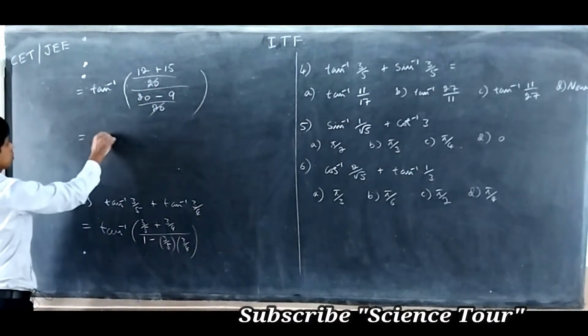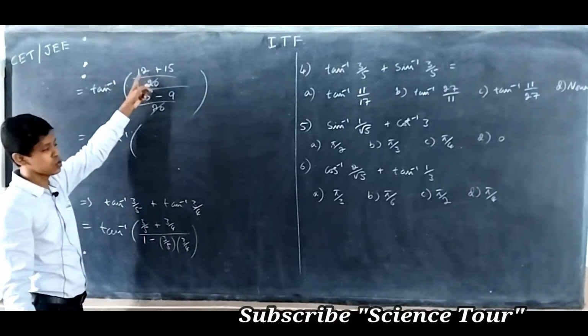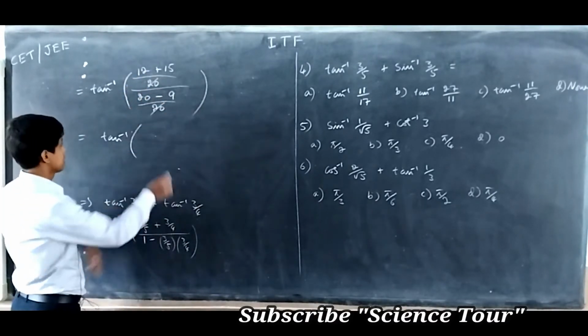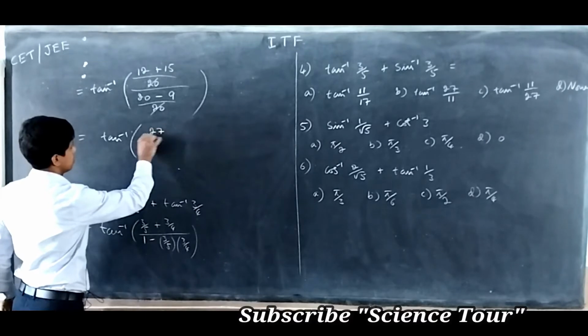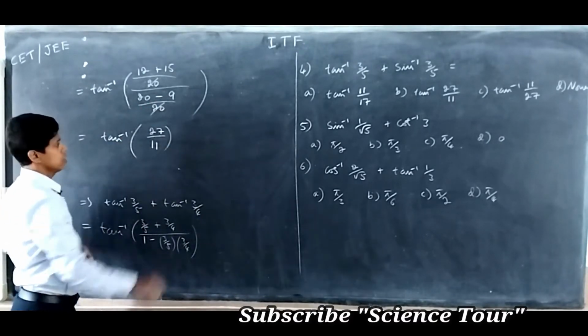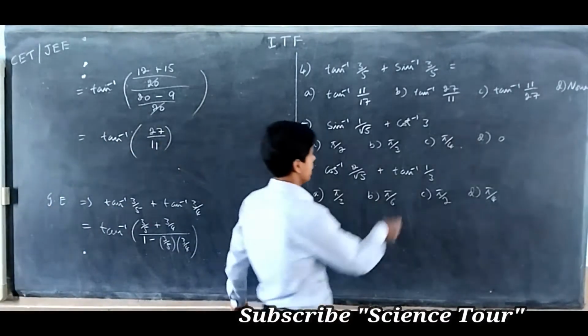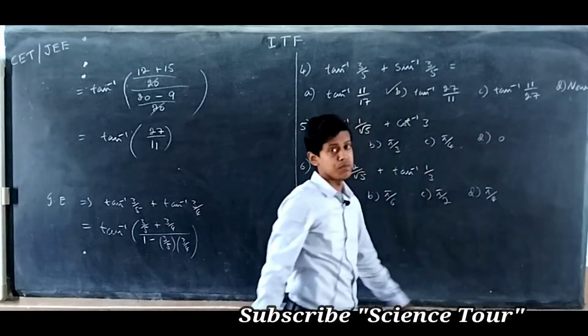So tan inverse 12 plus 15 is 27 divided by 20 minus 9 is 11, and that's it. Which option is the answer? 27 by 11, and that is option B.